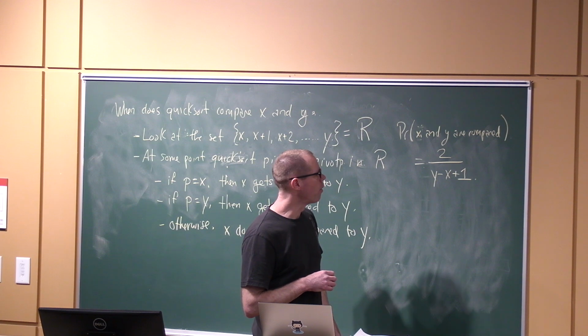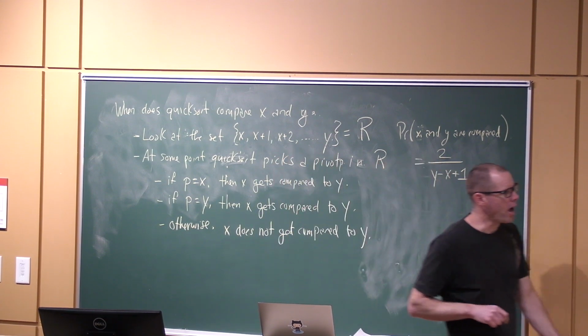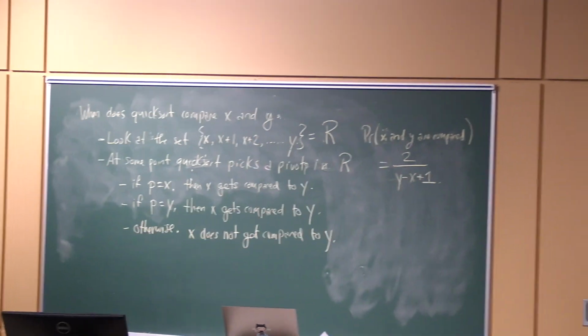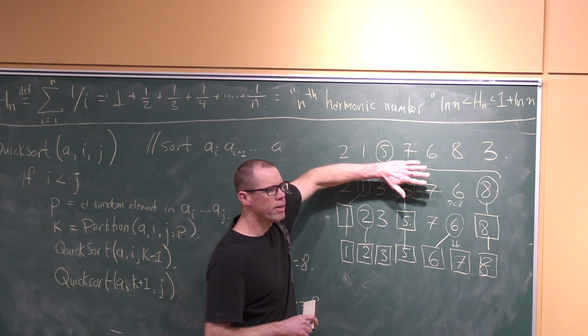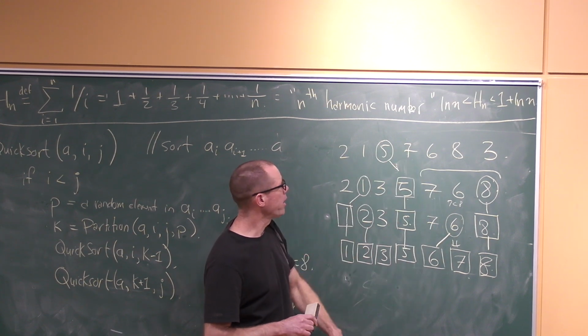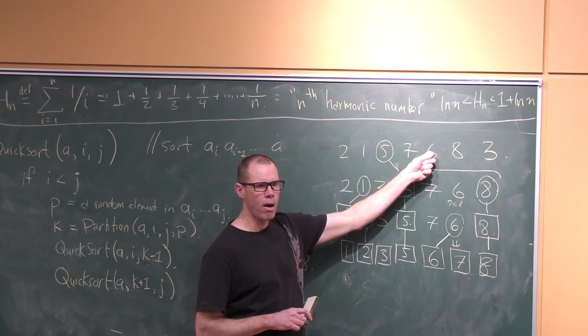Well, what if x and y are side by side, like 5 and 6? Without even looking at the way the algorithm ran, I can tell you that 5 and 6 got compared.